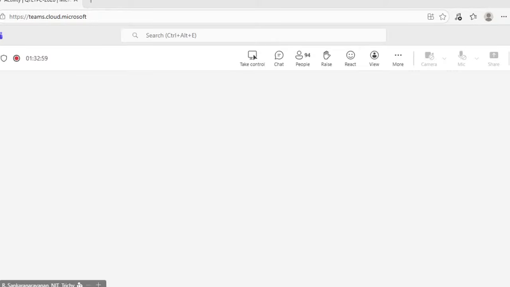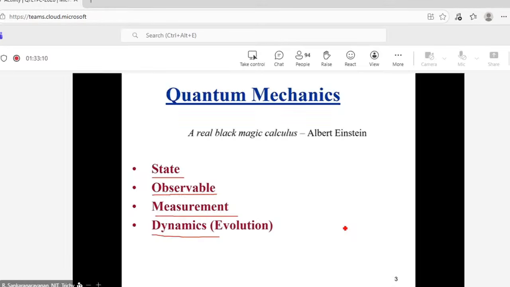When we talk about a state of a system, from the mechanics point of view, if you know the position of a particle and the momentum of a particle at an instant of time, we say that we know the state of a system. Right? If you know the position and momentum precisely at a given instant of time, we say that we know the state of a system. That is how the subject of mechanics, or what we call classical mechanics, has been developed.